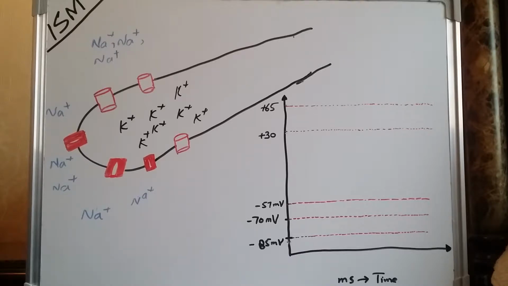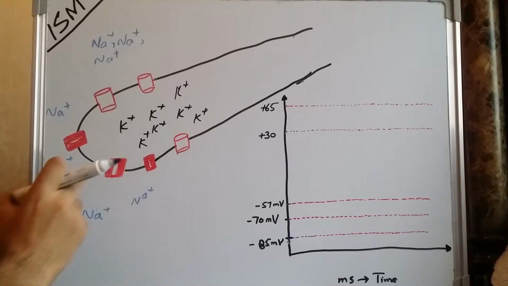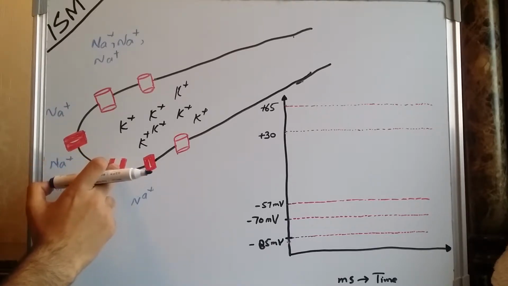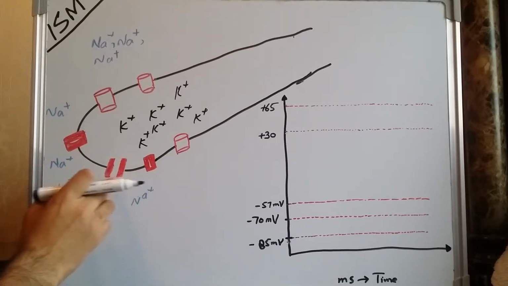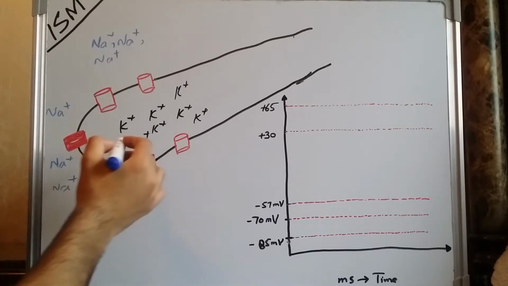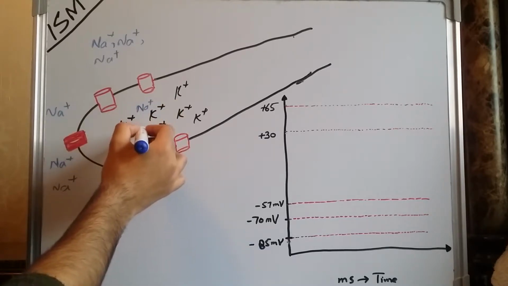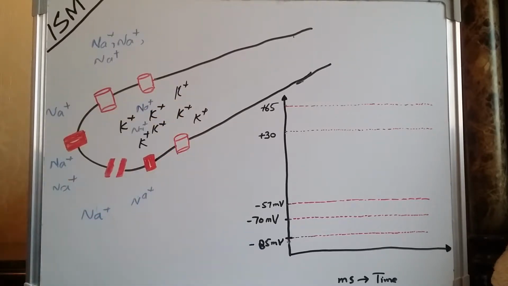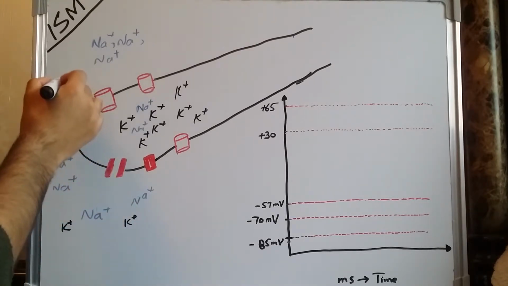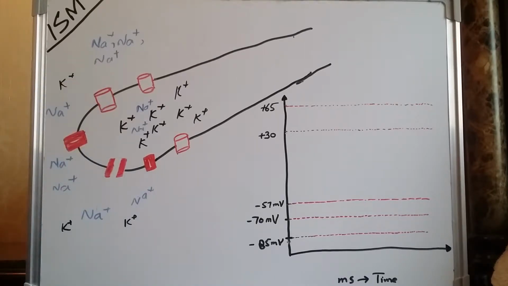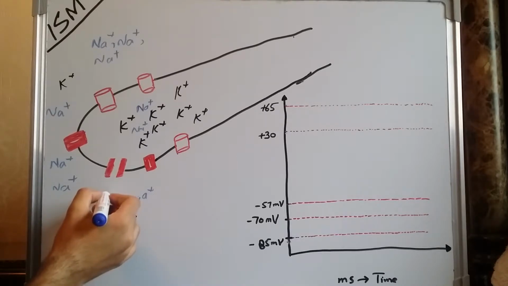Whenever we touch the neuron, mechanically stimulated gates open up, and the sodium ions, which are greater outside, move inside. There is little sodium inside and potassium outside. This sodium starts moving inside.